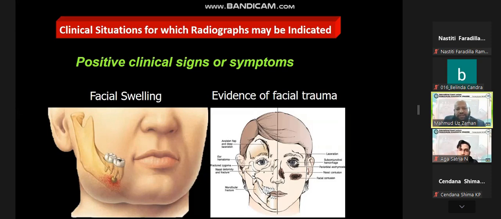Sometimes if there is soft tissue involvement, you may go for MDCT, soft tissue window, or MRI, depending upon your need. Or any trauma, the same. You will go for MDCT or MRI after preliminary diagnosis with the panoramic radiograph. Okay.